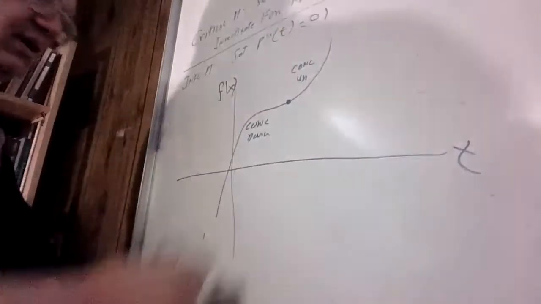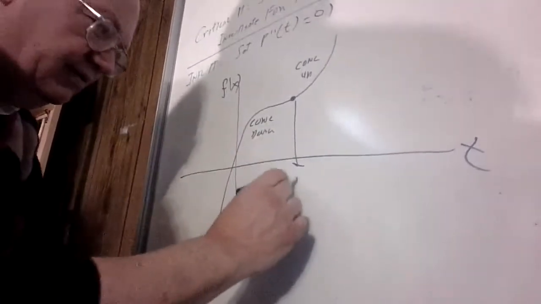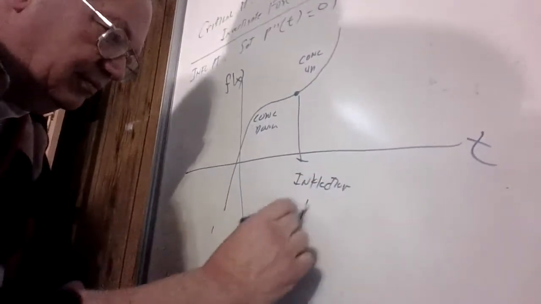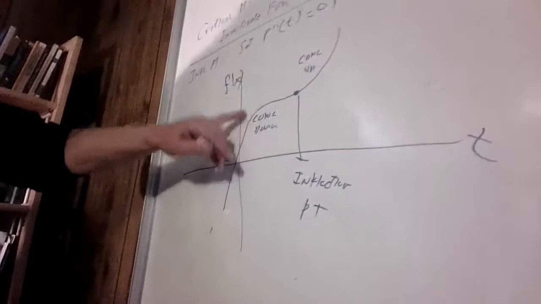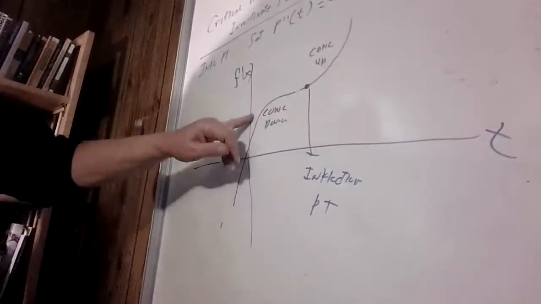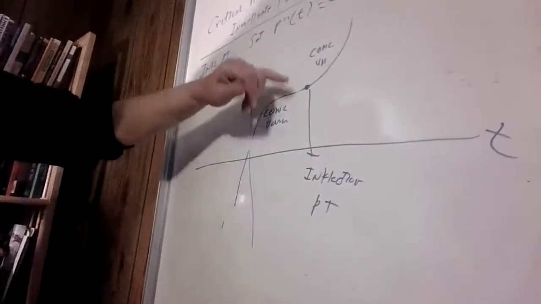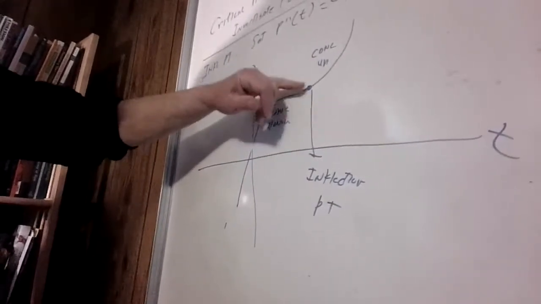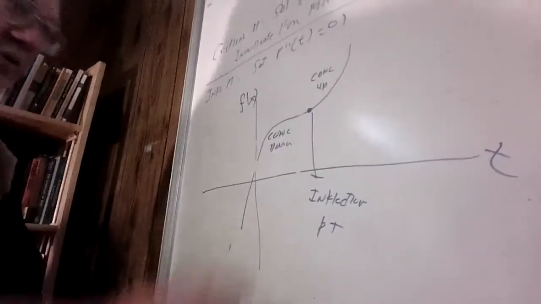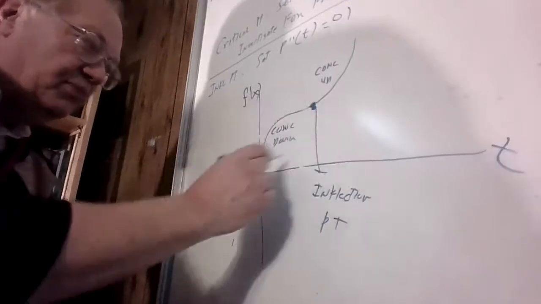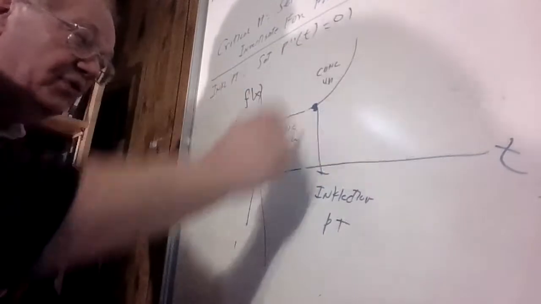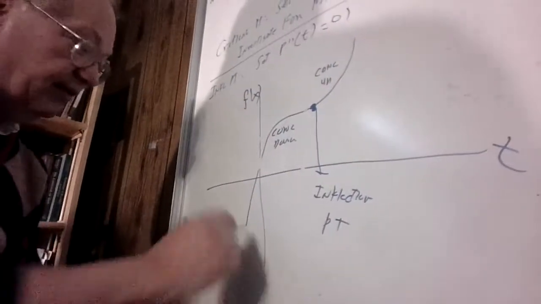This is your inflection point. It's where the curve changes from concave down to concave up, or vice versa. In this case, concave down is a frown, concave up is a smile. That wouldn't be a point of diminishing returns. But this tells you that an inflection point is where the curve changes from concave down to concave up, or concave up to concave down.